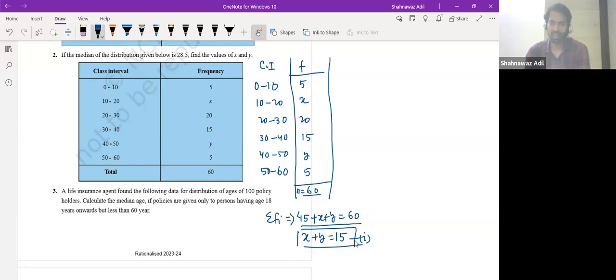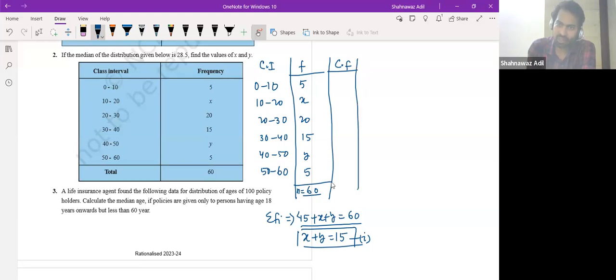One equation we have, and we require another to solve for x and y. Because with only one equation, x and y can be anything. Depending upon the value of y, x can vary. Say y is 15, then x would be 0. From one equation, you cannot solve x and y together, so you require the other equation.